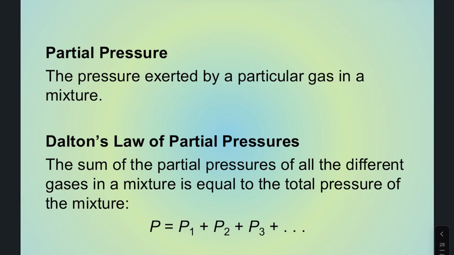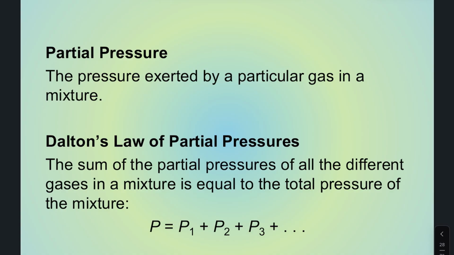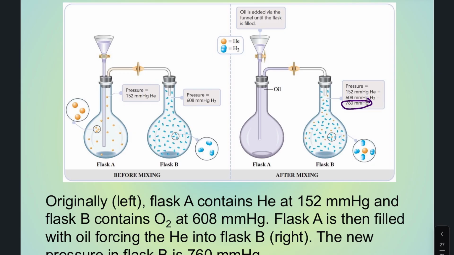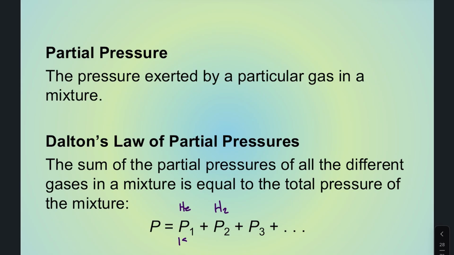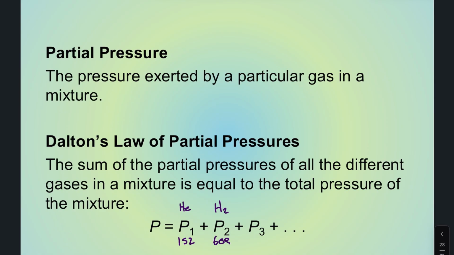So, because of that, you can say that partial pressures are going to be the sum of all the different parts of the pressures. So, in this previous experiment, there was helium and H2, where helium would be 152 and H2 would be 608, to give a total of 760 for the pressure. There won't always be a P3 and there won't always be more.